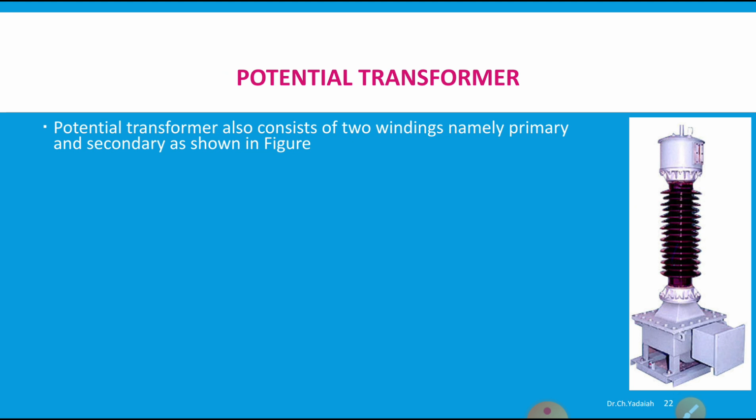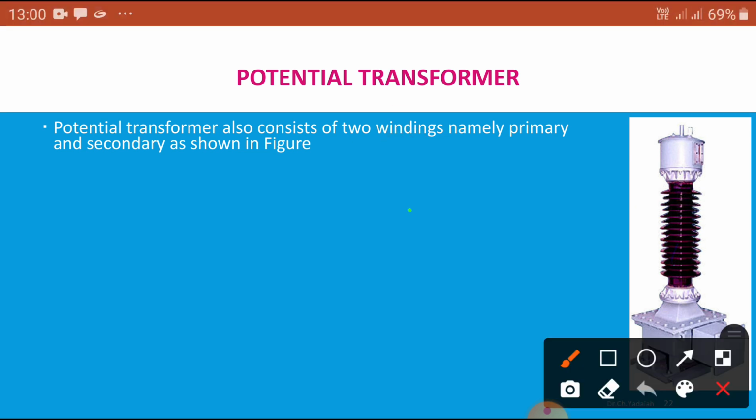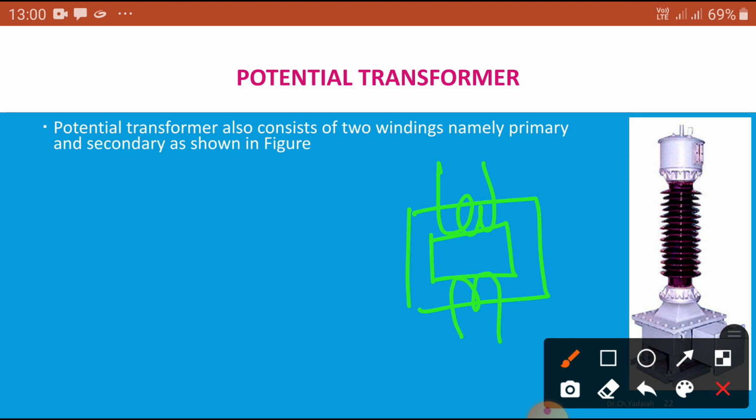The potential transformer also consists of two windings, namely primary and secondary, as in the figure. You can see the core, and you connect the voltmeter here.